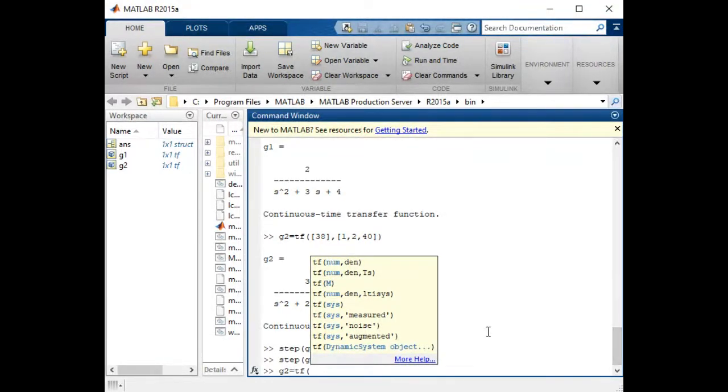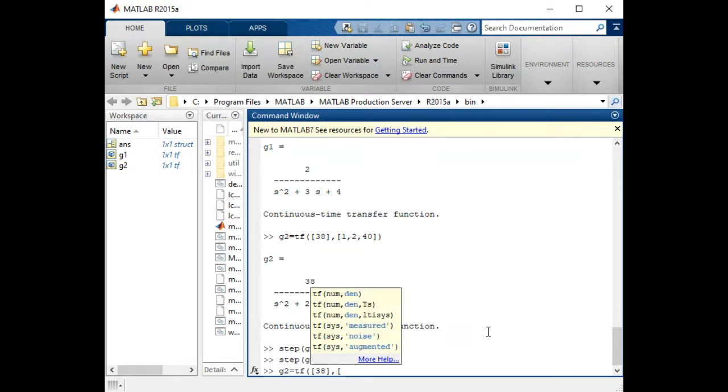All right, so we have 38. I have to put that in square. 1, 3, 40. Press enter. I'm going to look at it again.